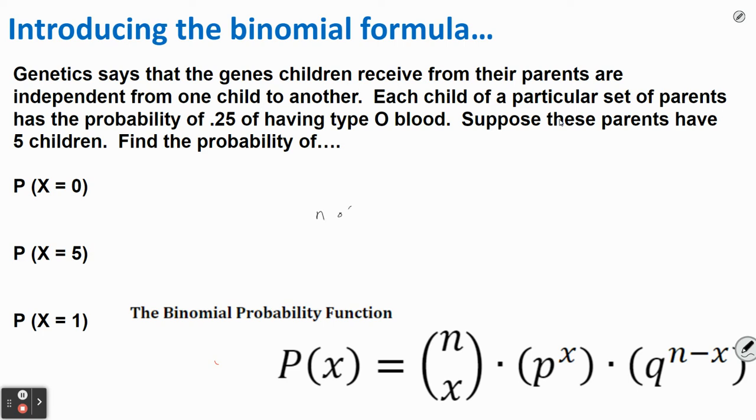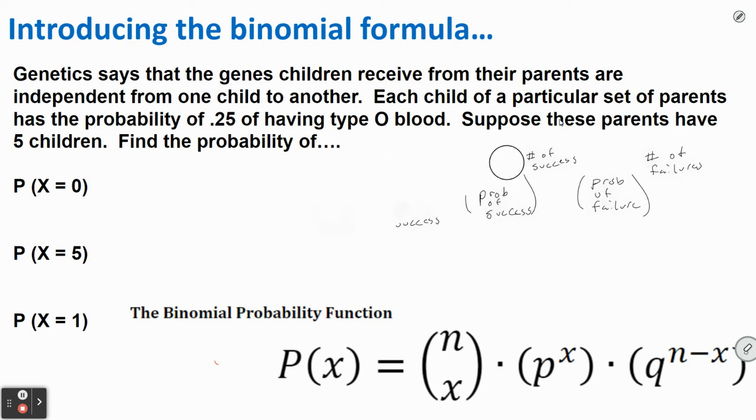Number of trials, choose number of successes, times probability of success to the power of number of successes, times probability of failure to the power of number of failures. So that's where we're at with that.